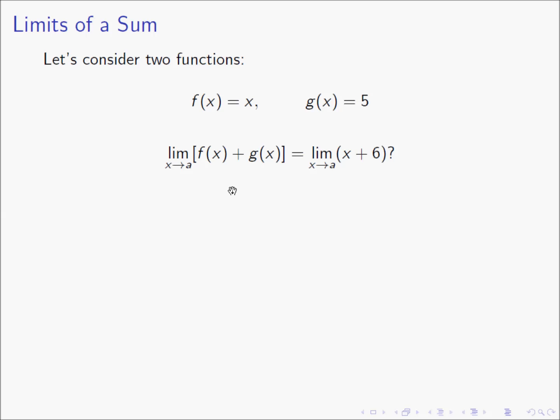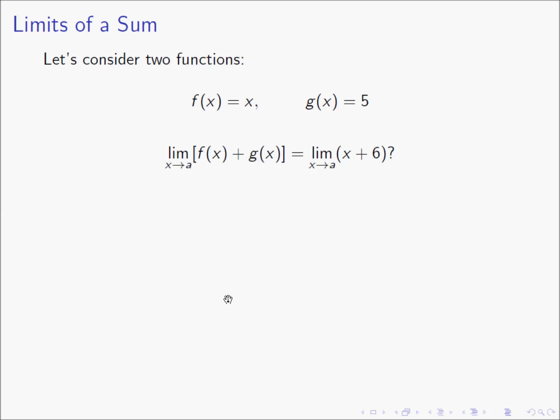What is the limit of f of x plus g of x as x approaches a? That is, we want to calculate the limit of x plus, well, here it should be 5, not 6, well, we'll stay with the 6 here. What is the limit of x plus 6 when x approaches a?